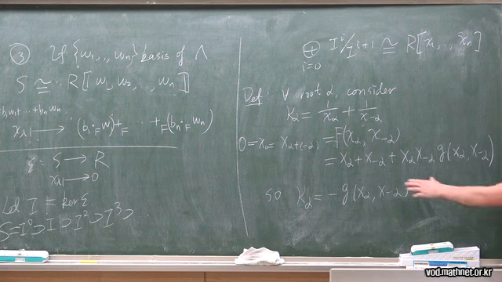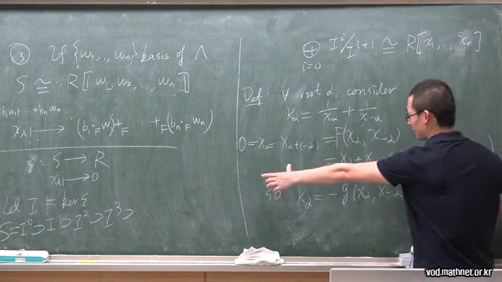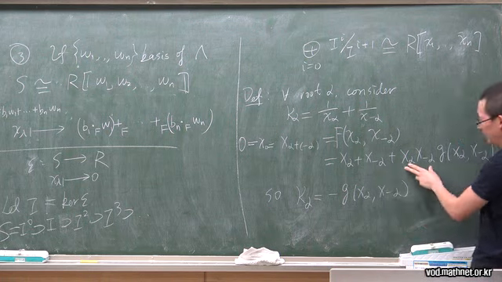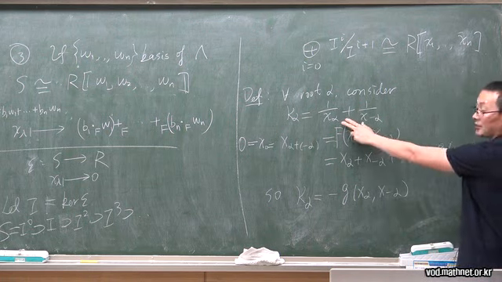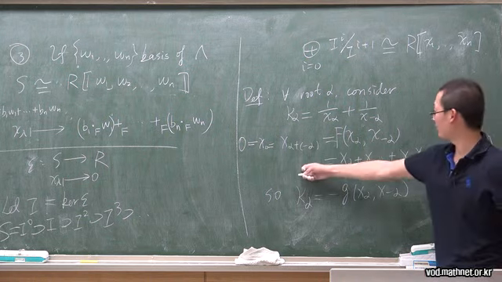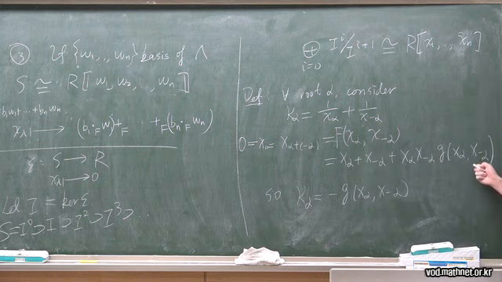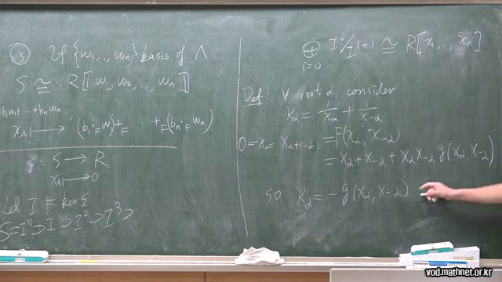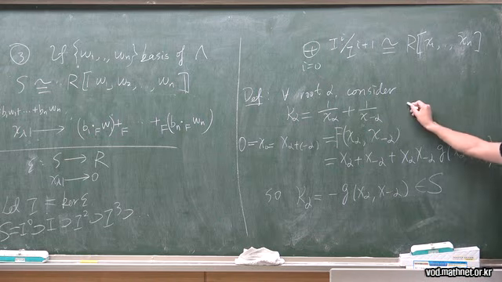You move these two pieces to the other side, of course you introduce a minus sign, and then you divide by this, then you get minus kappa alpha equal to g of this. That is, kappa alpha equals minus g of this. That's a power series. So in other words, this belongs to S.